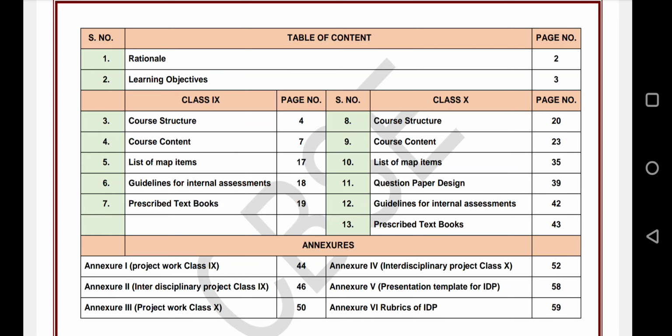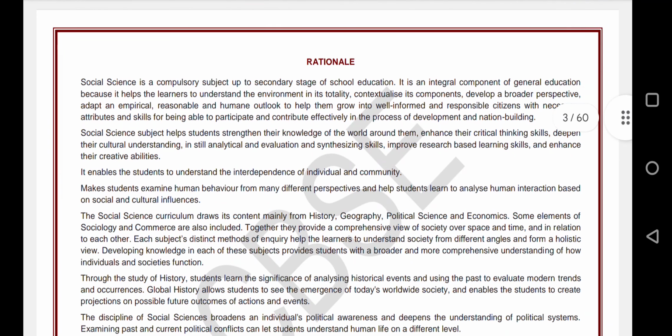Till the time you don't understand the objective, you will not get the result which it exactly wants. So let's begin with the importance, that is the rationale, and then we'll be discussing the learning objectives. So both are important for us.